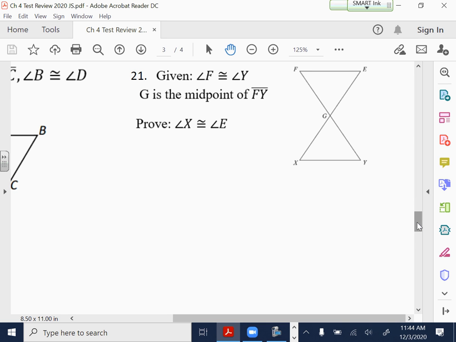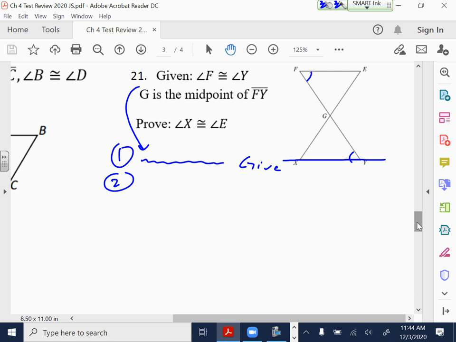So this proof, the way that I showed you is the easiest way to do it. But if you thought about it, there's actually one other thing you can tell. If F is congruent to Y, so just real quick, this is the given stuff, and it's given. Step 2, you could say that since F and Y are congruent, that actually makes XY and FE parallel to each other.